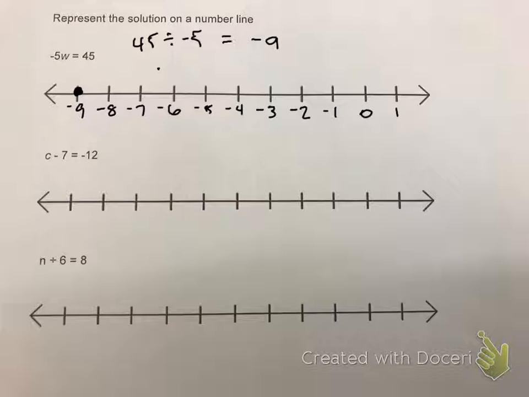Looking at the next example, c minus 7 equals -12. So we've got to do -12 plus 7. That is -5. So again, we're going to represent this on a number line. So let's put 0 there just because we can.